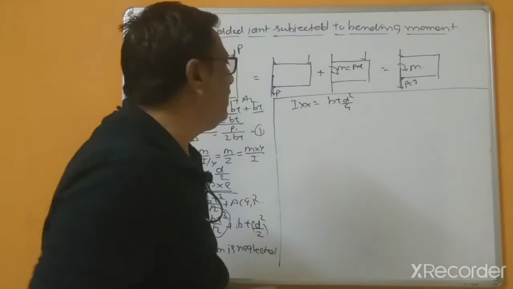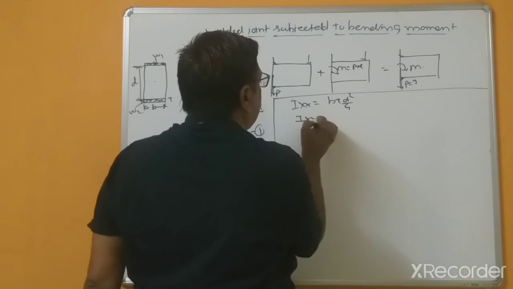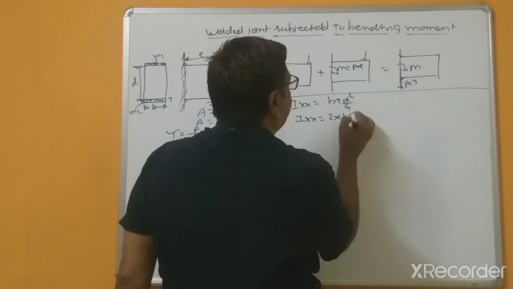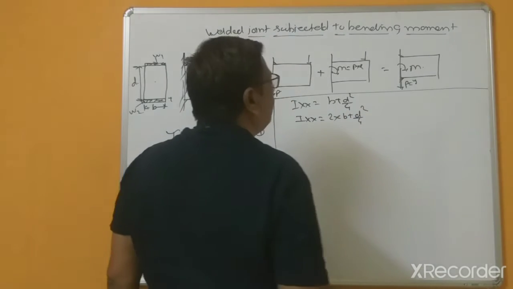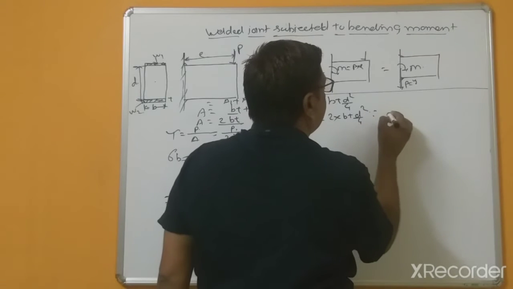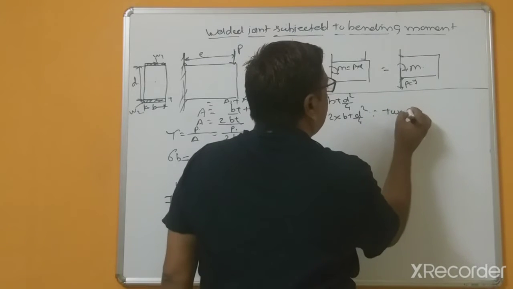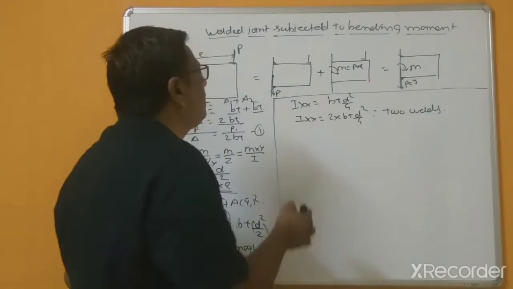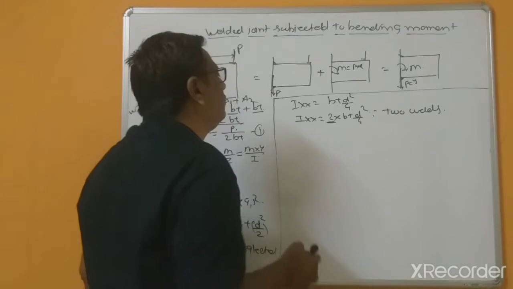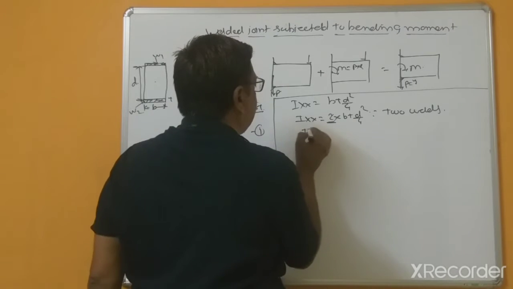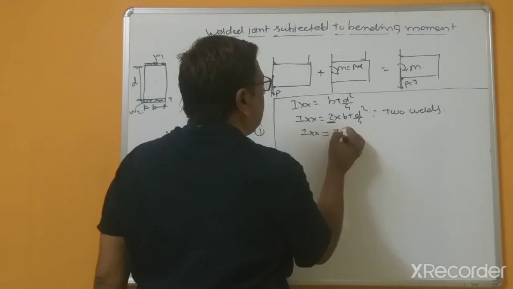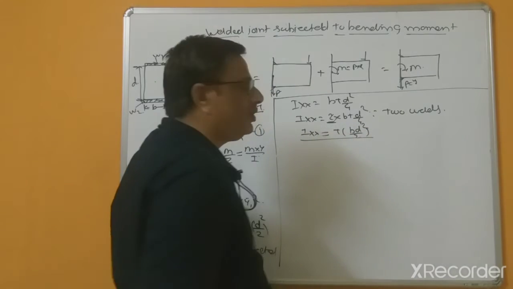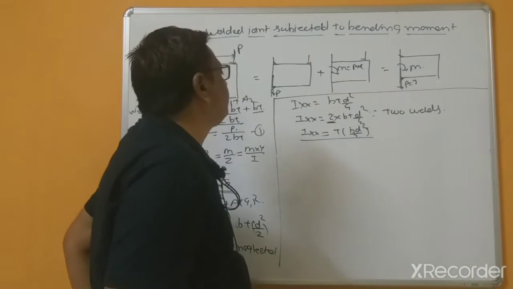And here there are two welds, so the moment of inertia is multiplied by 2. This 2 and this 4 get cancelled. Finally you will get t into bd squared divided by 2. This is the moment of inertia about the x-x axis.